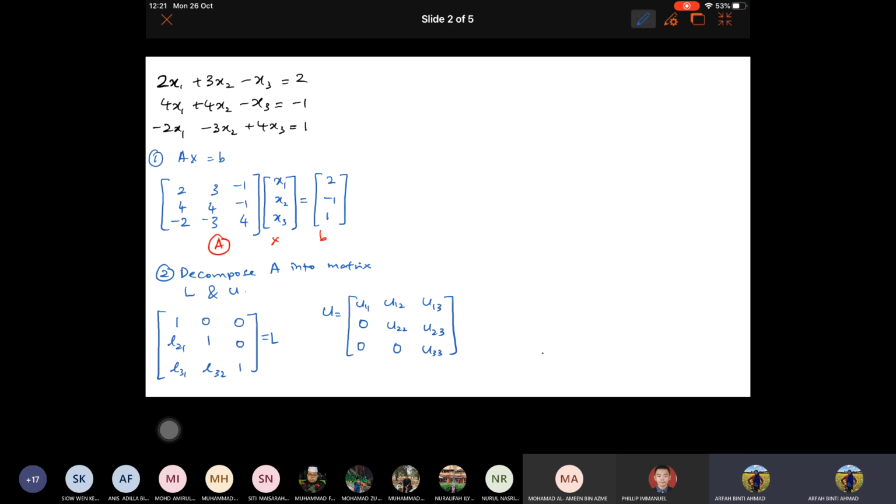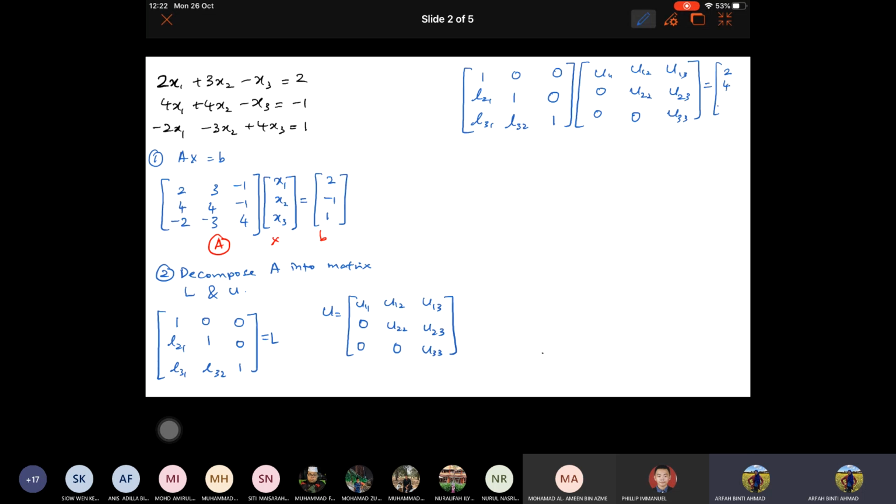Kita nak pecahkan matriks A terhadap matriks L dan juga matriks U. So if you refer to this one, you are going to have 1, 0, 0, L21, 1, 0, L31, L32, 1, multiplied with U11, 0, 0, U12, U22, 0, U13, U23, U33 sama dengan matriks A awak.